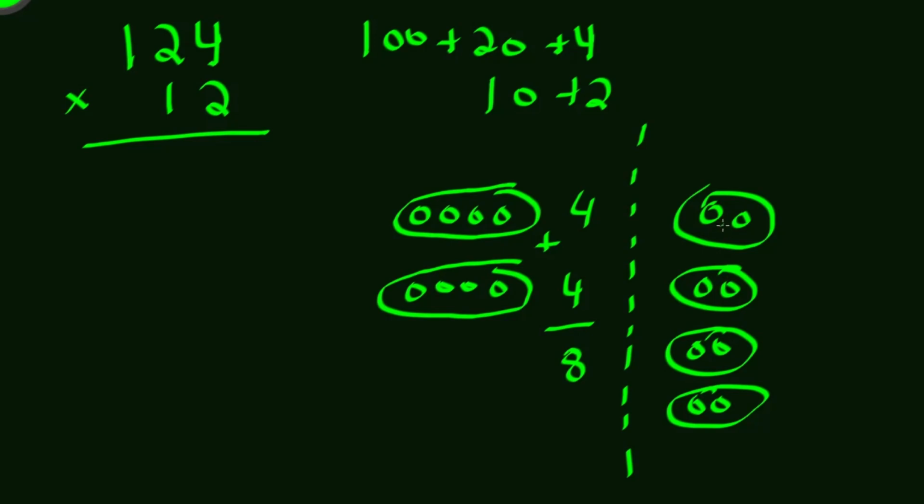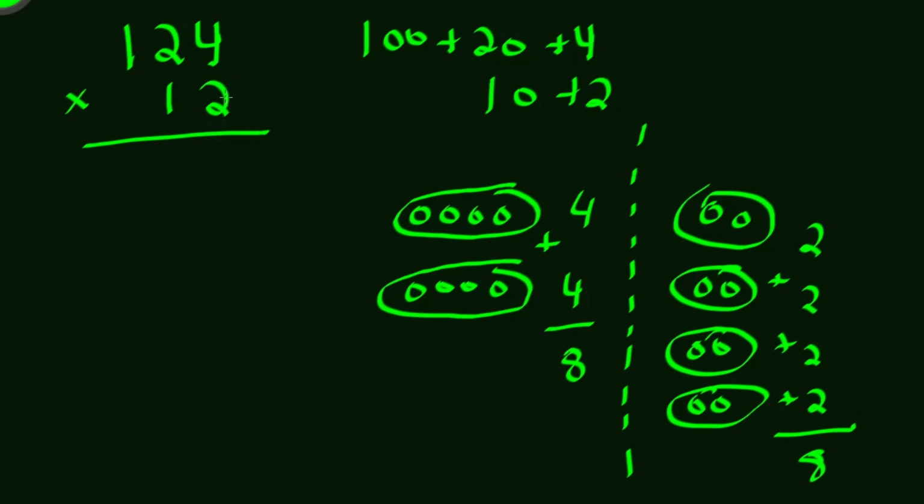Each group has 2 in it. That would be the same as skip counting 2 plus 2 plus 2 plus 2. Skip counting by 2s 4 times. 2, 4, 6, 8. 4 times 2 equals 8. 2 times 4 equals 8. Multiplication is commutative. It can go either way.